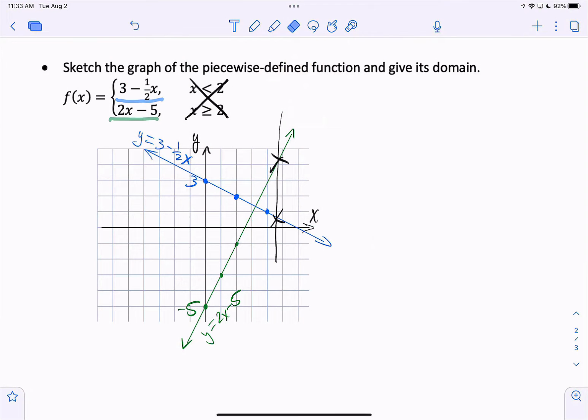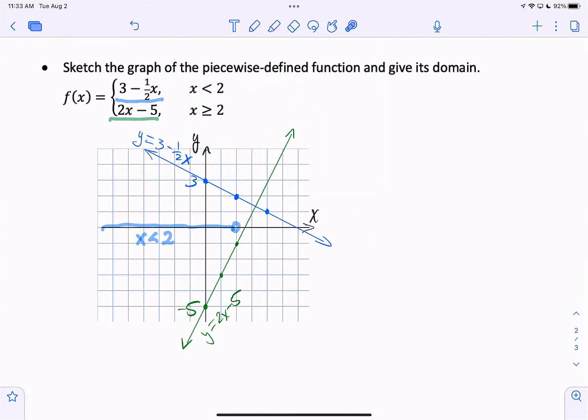So now we bring in the fact that these definitions were intended only as pieces of the graph. That is, the blue line, y equals 3 minus 1/2 x, is only supposed to apply when x is less than 2. So if we look at the x-axis, if I go up to x equals 2 and shade to the left, that's the part where x is less than 2.